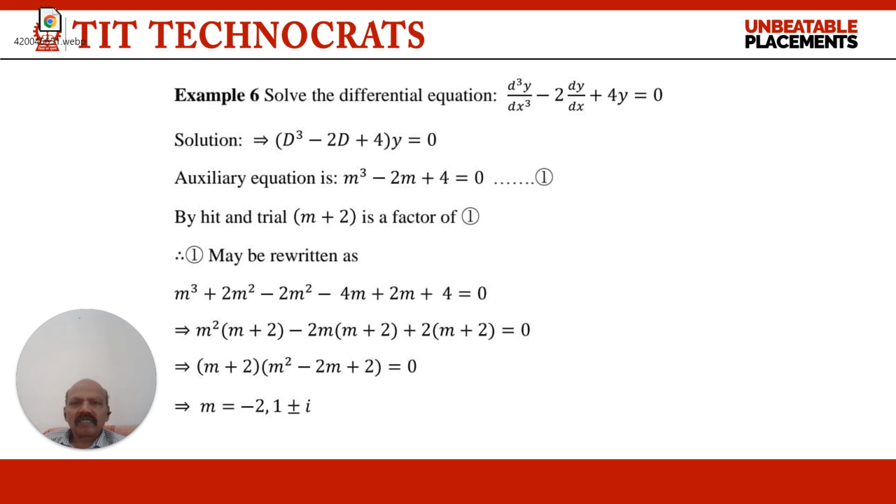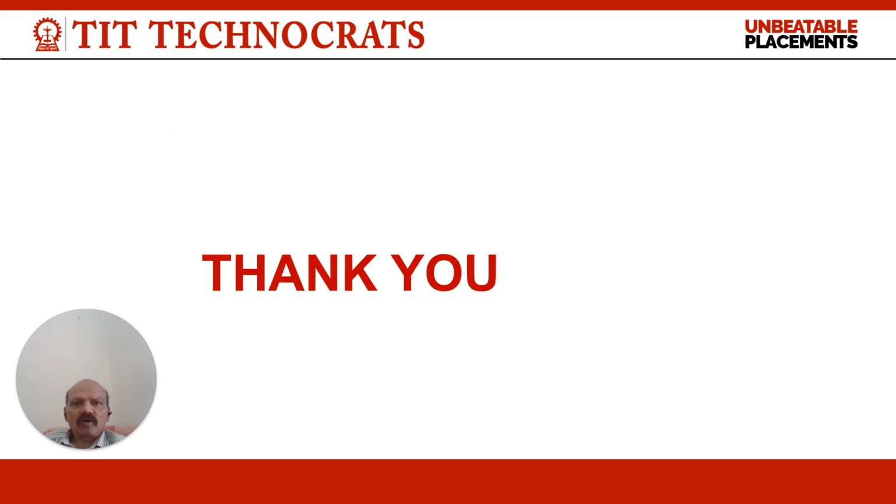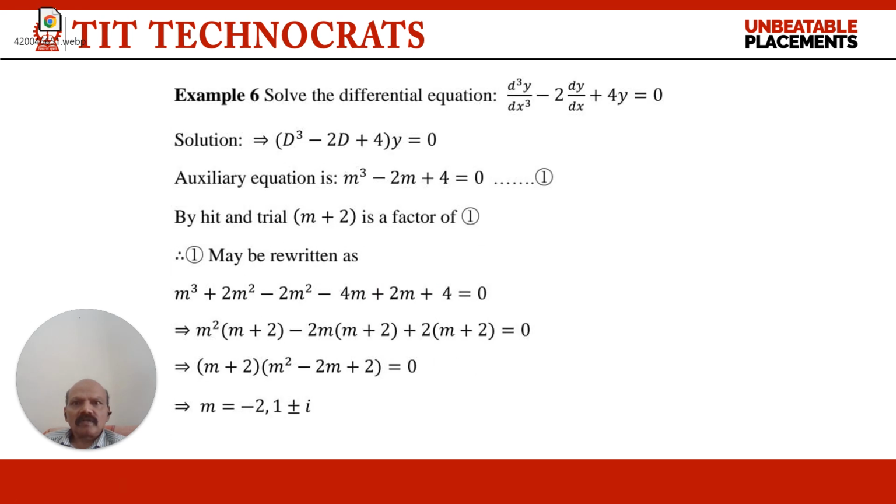Now you see in example number 6, this is d3y upon dx cube minus 2 dy upon dx plus 4y equals 0. Same thing, first of all, we will convert this into a symbolic operator equation.